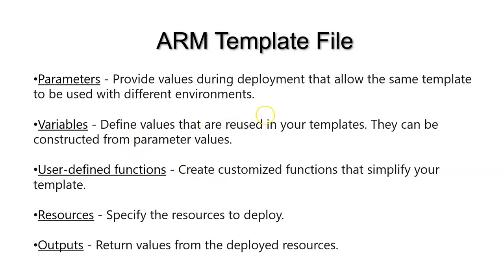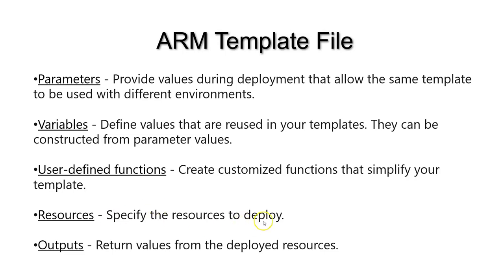Coming to the user defined functions, they create customized functions that simplify your template. In case you want to define something as a function and reuse it in your resources, then you can use a user defined function. And coming to the resources, this is the main part of any template. This is where you create your storage or VM or any other resource by following a certain syntax.